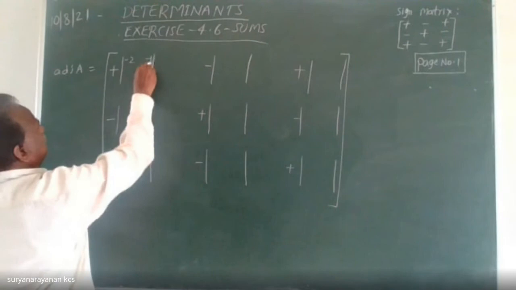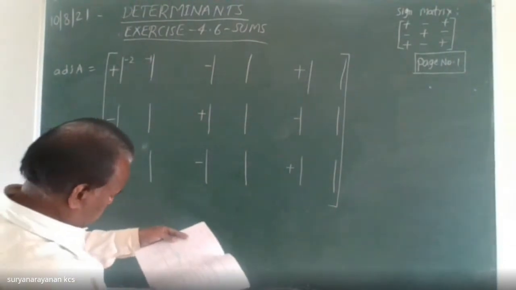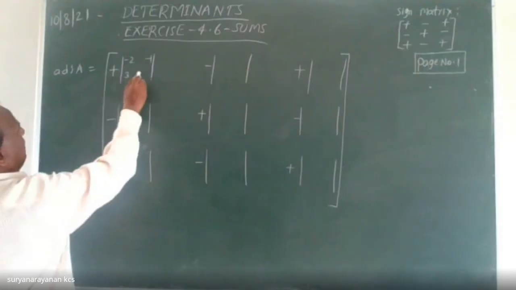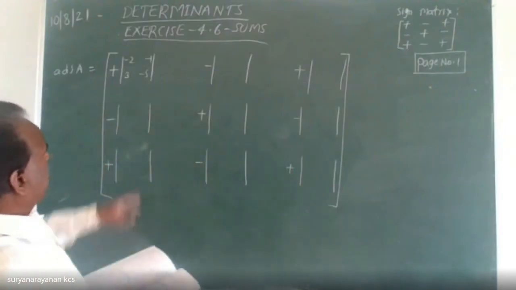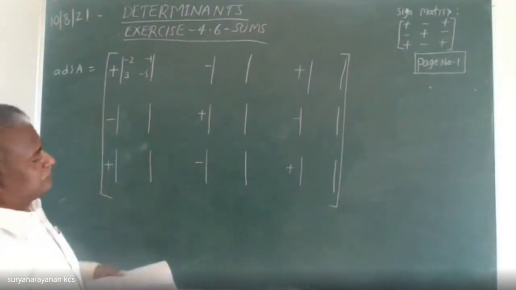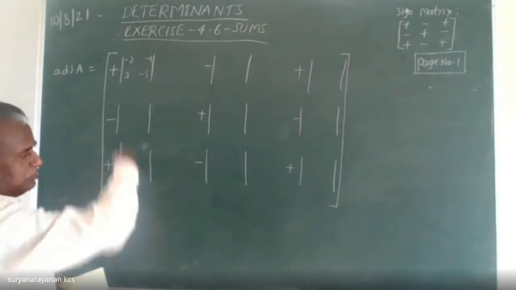The -2, -1, -2, -1, and 3, -5. This is the first. Here we write the first row elements' cofactors as a column matrix, the first column.